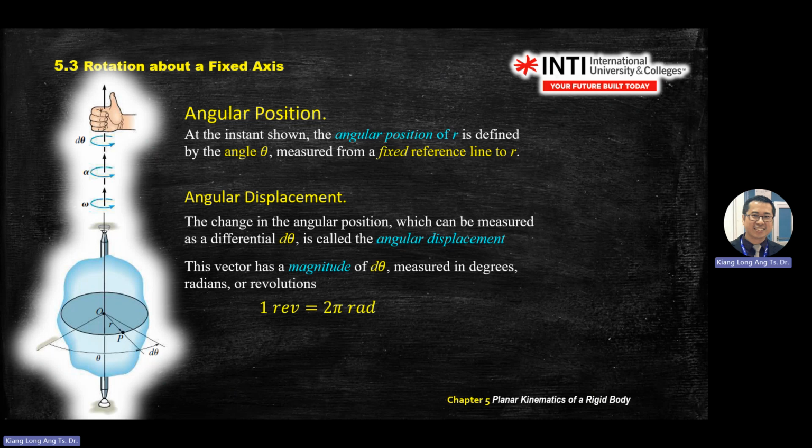In this case, in a rigid body question, you are given revolutions. You need to change revolutions into pi and radians. One revolution, 360 degrees, equals 2 pi radians. You need to do the conversion from revolutions in the question and put this value into your calculation. One revolution equals 2 pi radians.